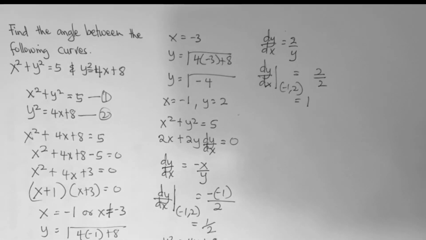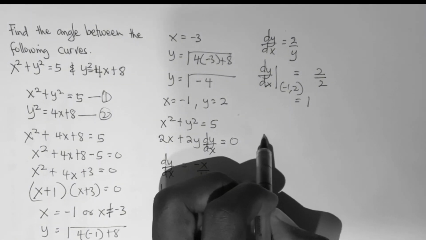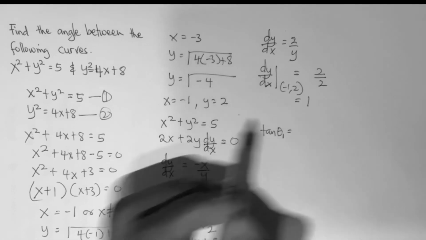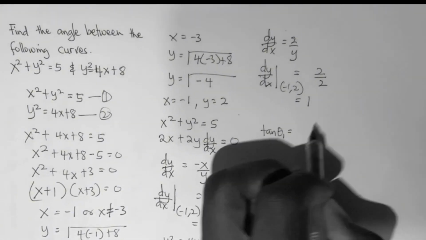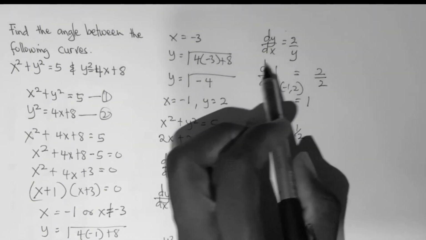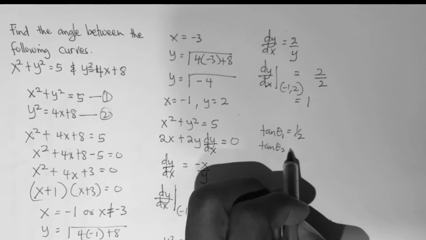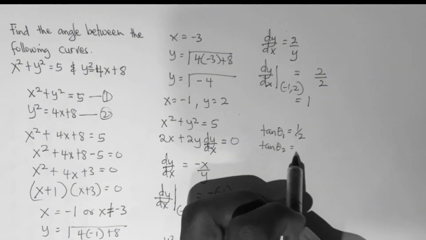So you can see that now we have two tangents. Let's say this is tan theta 1, and that is equal to 1 over 2. And then let's say this is tan theta 2, and that is equal to 1.